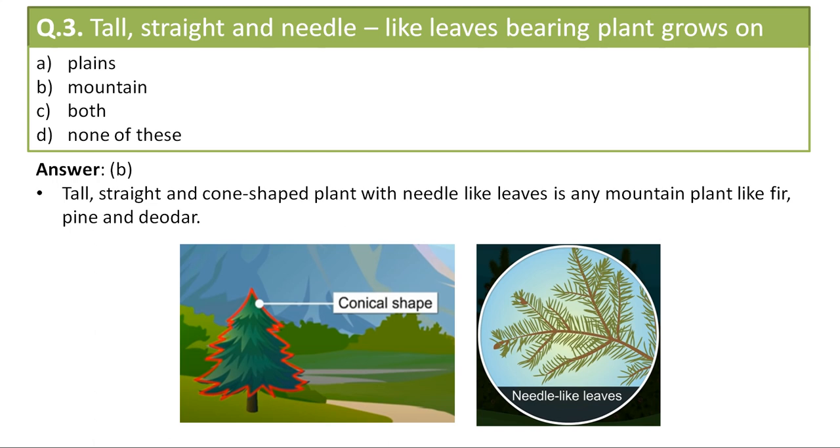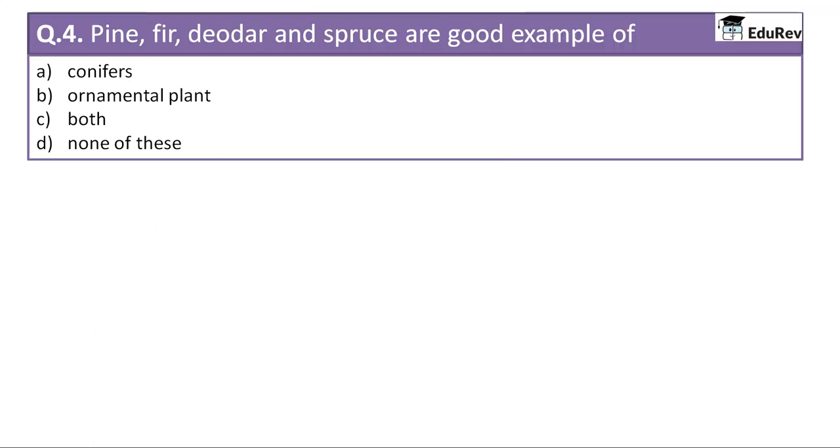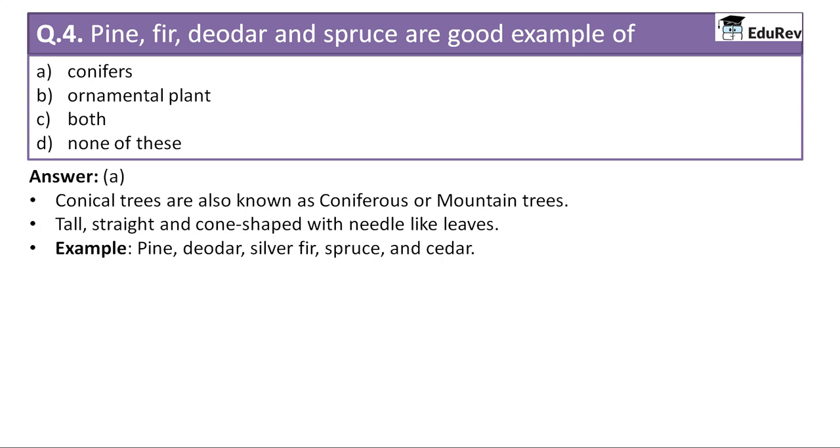The next question is: pine, fir, deodar and spruce are good examples of conifers, ornamental plants, both or none of these. The correct answer is option A, conifers.